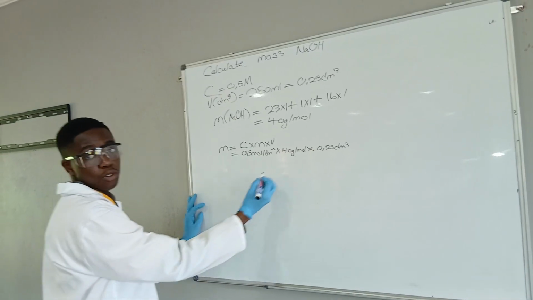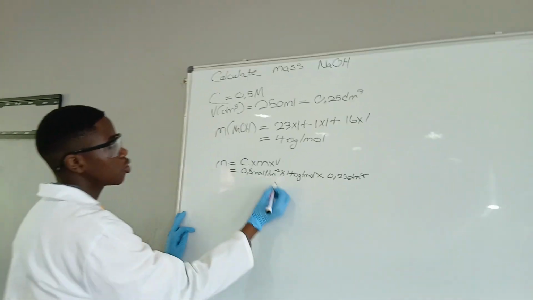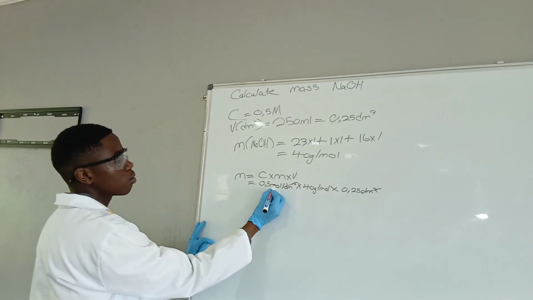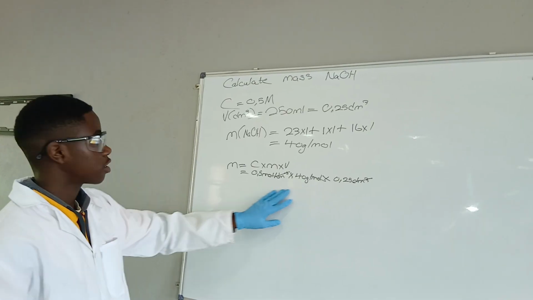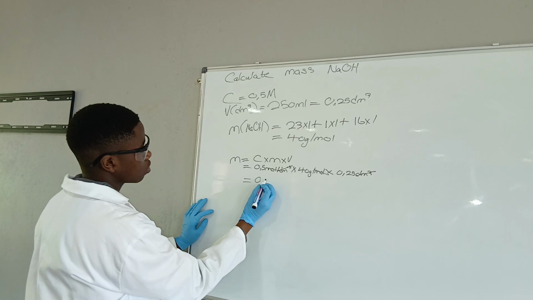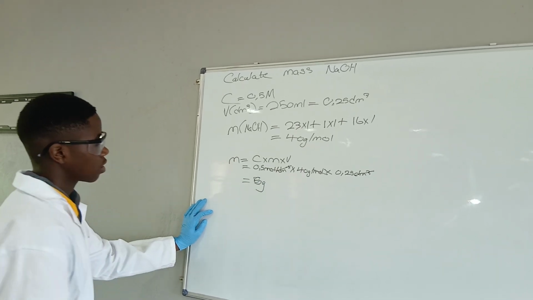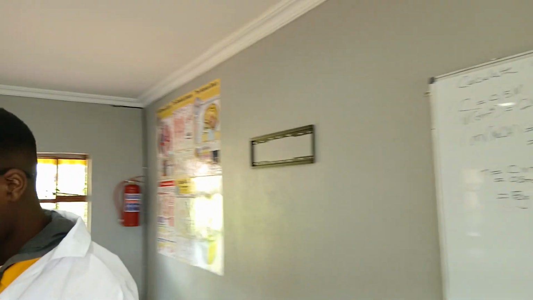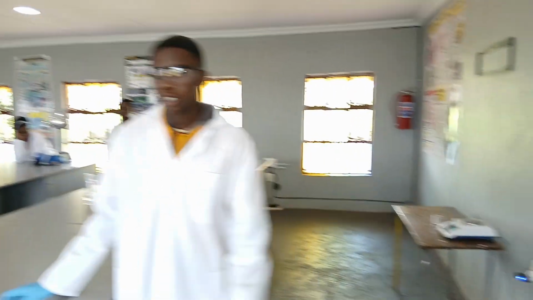Some of the units will cancel each other out, which are dm cube and mole, leaving us with our unit grams, which will give us 5 grams of our sodium hydroxide.